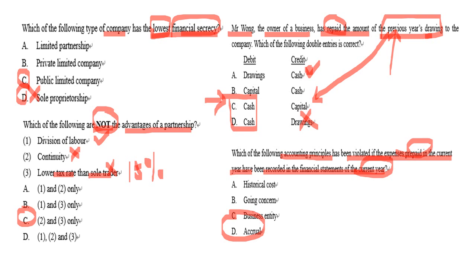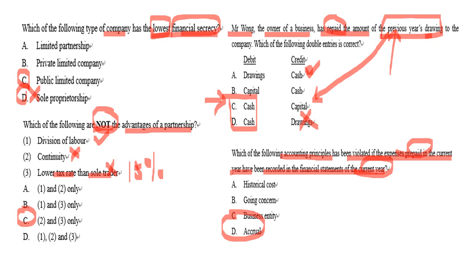So we used to close it last year, in the previous years. So we do not have drawings accounts now. So in this case, it is actually the capital increase by Mr. Wang. So the answer is C. So very difficult, this question.